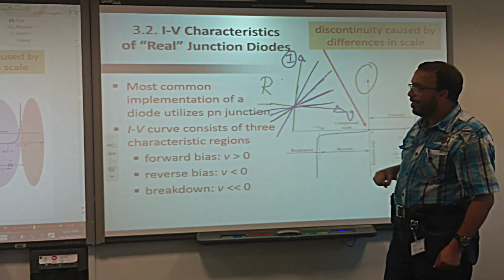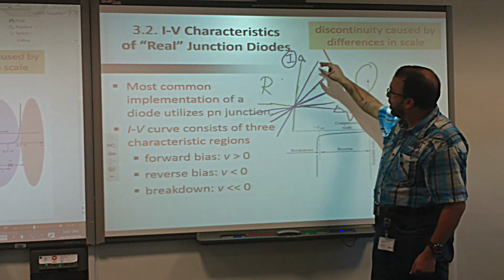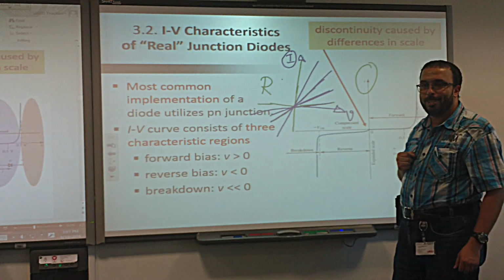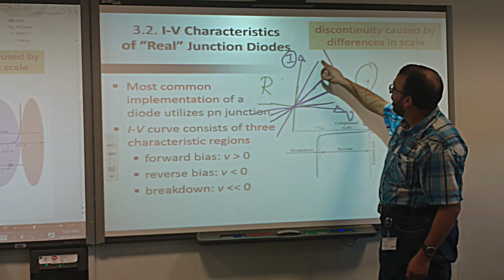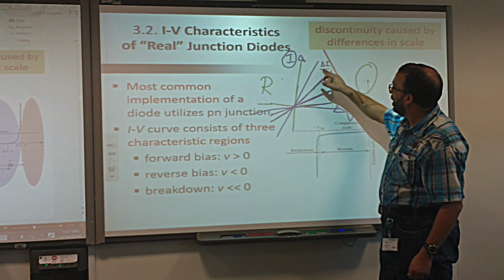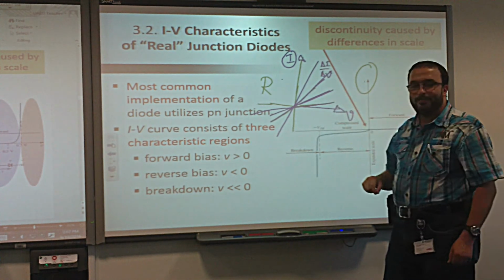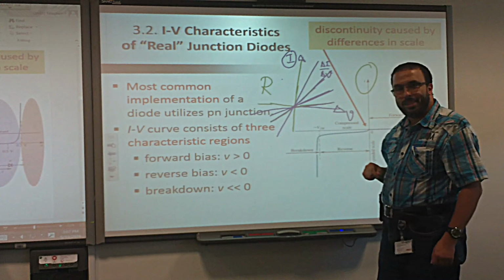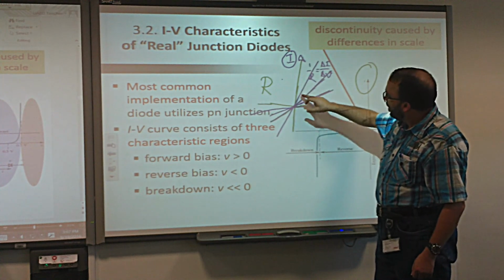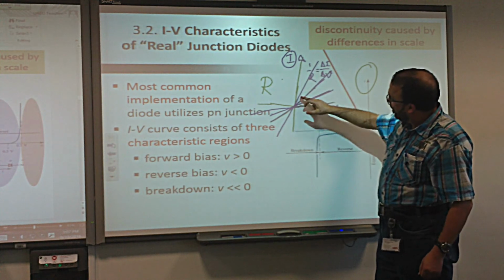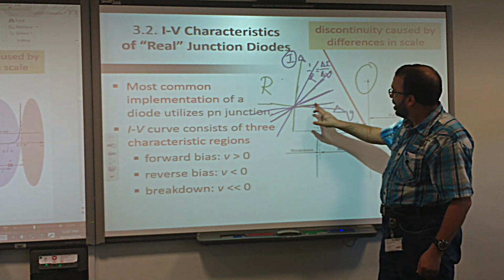So the slope. Here, is the slope the resistance or the inverse of the resistance in this case? Inverse of the resistance. Because here the slope is delta I over delta V. Yes or no? Yes. But the resistance is delta V over delta I. So this is 1 over R. It means is this the highest resistance or this one?